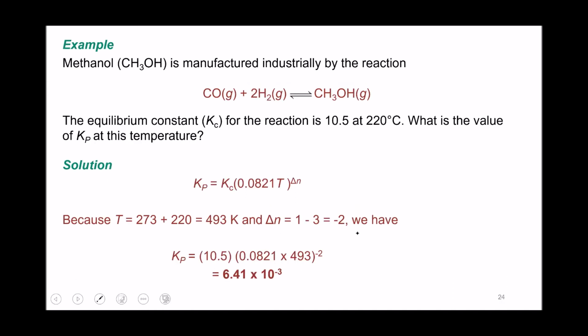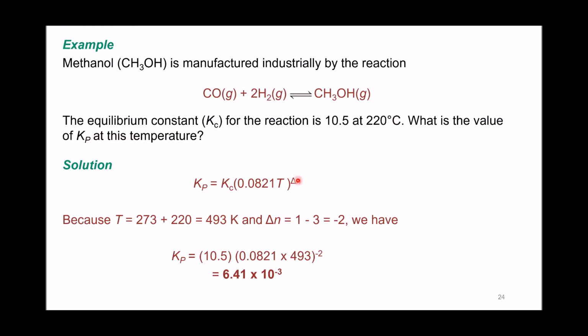Here is an example for this reaction. The concentration-based equilibrium constant equals 10.5 at 220 degrees Celsius, and it's asking to calculate the value for the pressure-based equilibrium constant. You just substitute in the formula with the universal gas constant times temperature in Kelvin, which is going to be 493 Kelvin.